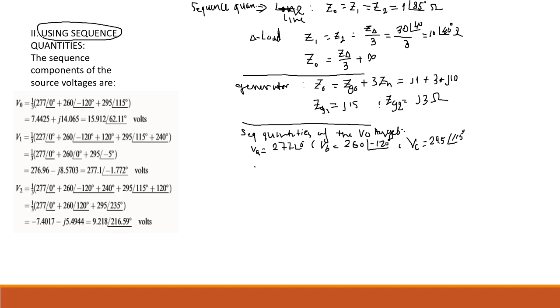Now, from the formula, as you know, VS equals the inverse of A multiplied by the phases. We have 3 voltages.